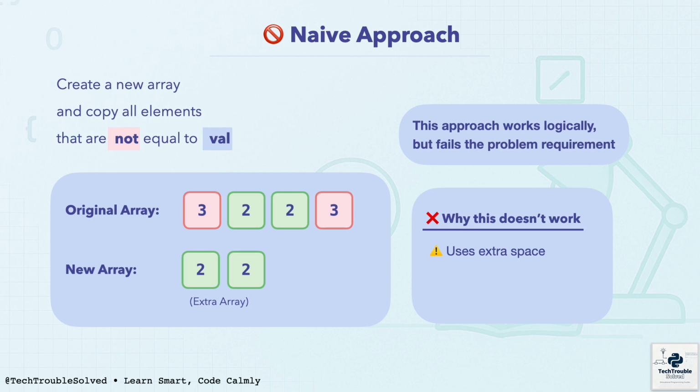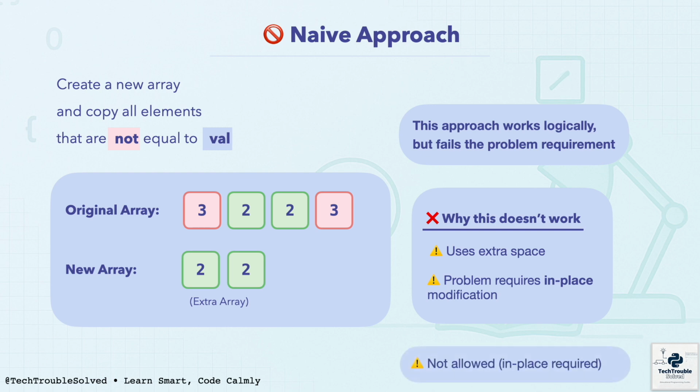So even though the solution gives the correct result, it does not satisfy the constraints. That's why we cannot use this approach. Instead, we need a way to remove elements inside the same array without creating a new one. This is exactly where the two-pointer technique helps.